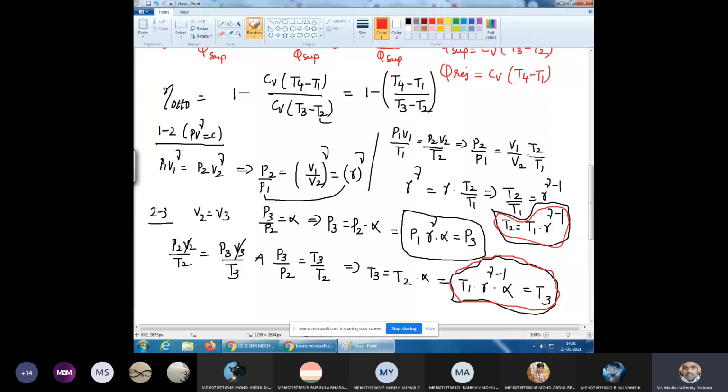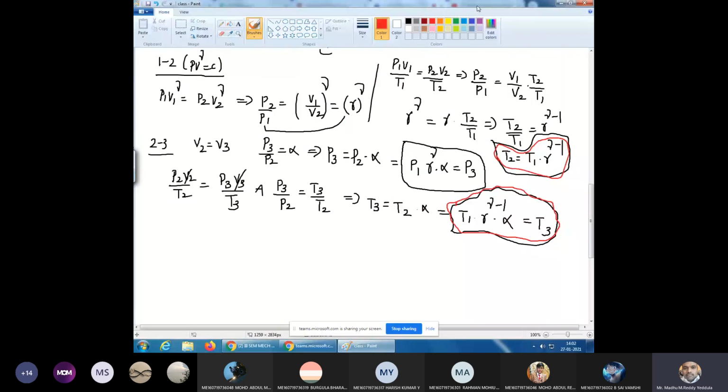Now 2 to 3 is over. Now 3 to 4 we will see. What is the process? That is the expansion process. So 3 to 4 is the expansion, therefore P3 V3 power gamma is equal to P4 V4 power gamma.